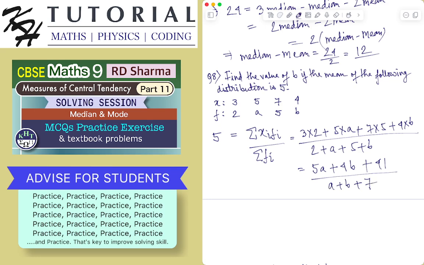So if I do cross multiplication, clearly I will get a linear equation in a and b. So I have 5a plus 4b plus 41 is equal to 5a plus 5b plus 7.